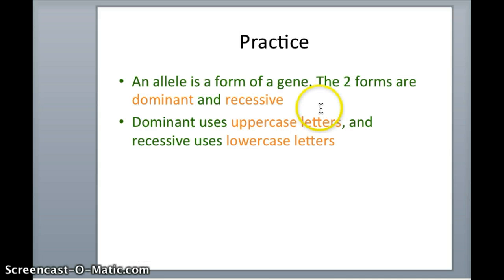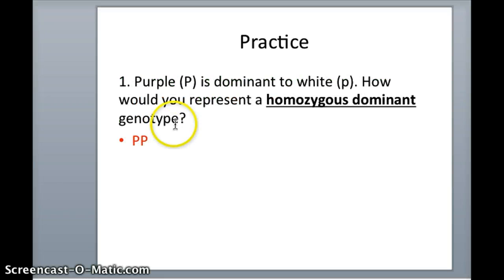So let me go over the practice questions that we did in class. All right, this is just review. All right, so purple P is dominant to white. How would you represent homozygous dominant? It's big P because homozygous means the same alleles and dominant means the dominant allele.